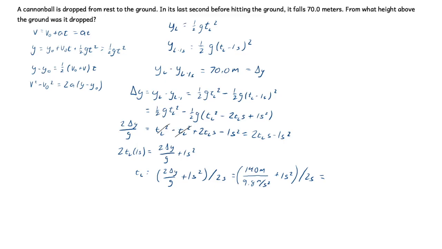140 divided by 9.8. That's 14.28. We're going to add 1 to that, so that's 15.28. And that's going to be seconds squared divided by 2 seconds. And that'll give us a number that's just in seconds.